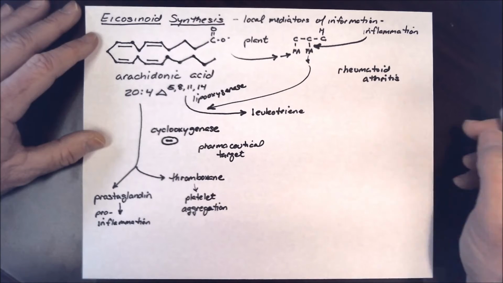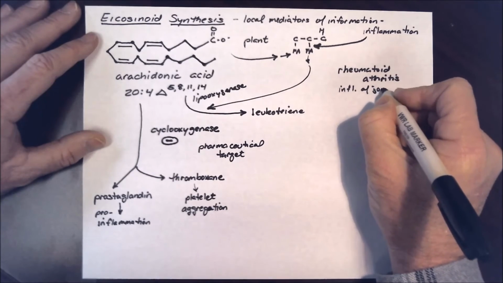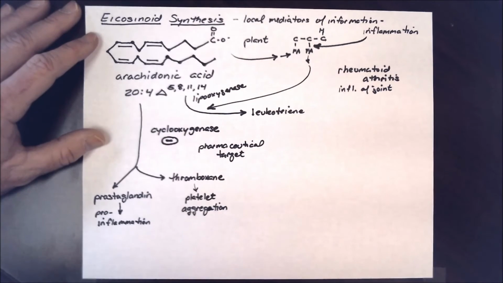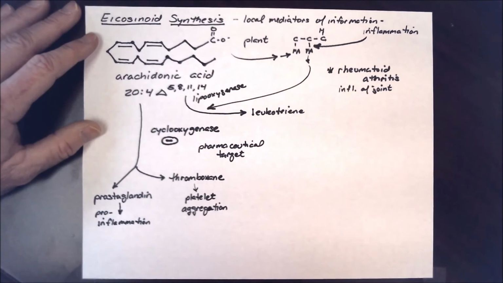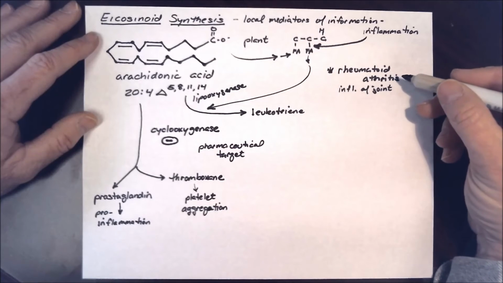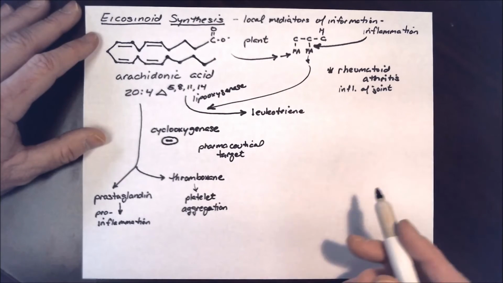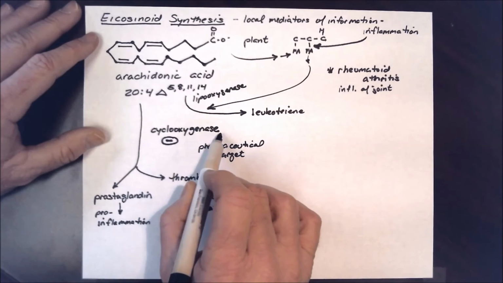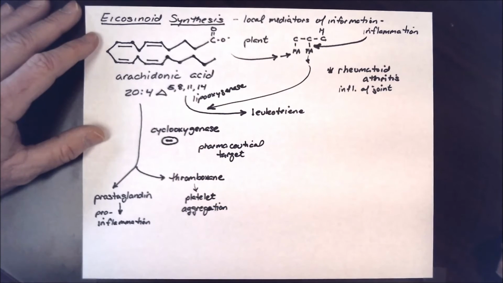Rheumatoid arthritis is an inflammation of the joint. Many, if not all of us, know someone that has suffered or is suffering from rheumatoid arthritis, and this is a very painful, life-changing situation, so we need to find a way to control the inflammation that is causing the arthritic pain in these joints of these individuals. So technically, if we could develop an inhibitor of cyclooxygenase, we could prevent the formation of prostaglandins.